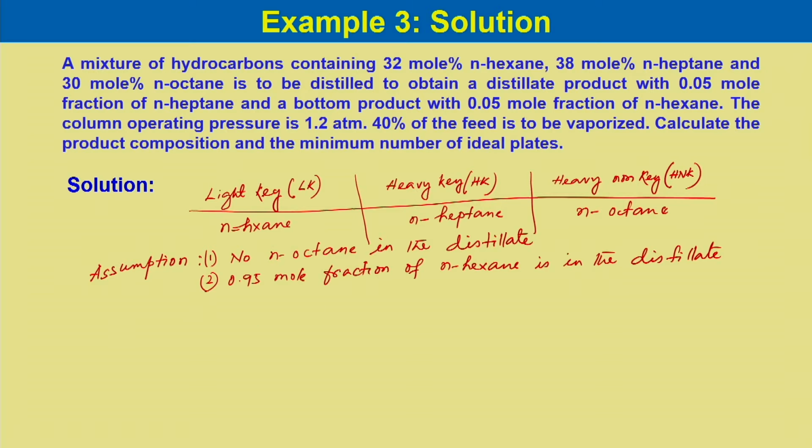Now, to solve this problem, let us consider a basis of 100 moles per hour of the feed rate.